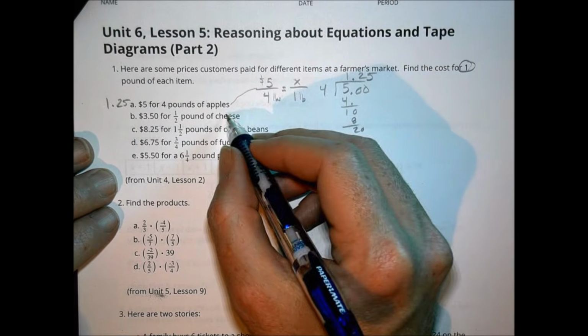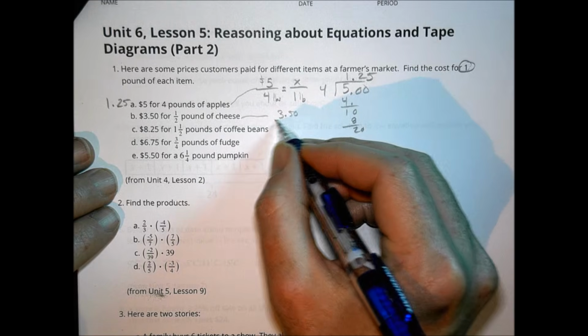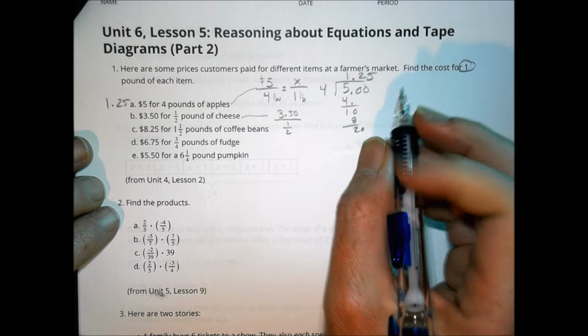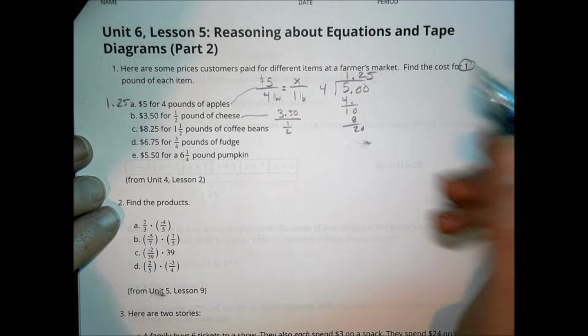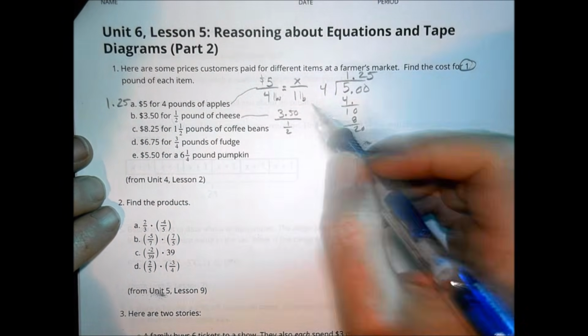For B, again, it's the same idea, same setup. It's 3.50 divided by 1/2. All right, so what's 3.50 divided by a half? I could also think about it as doubling, since I want a whole pound of cheese.